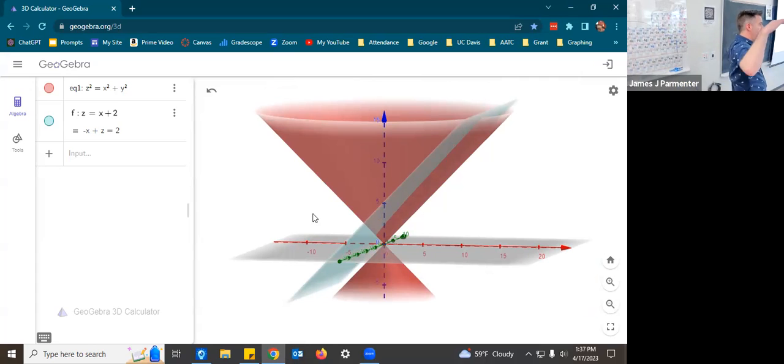So depending on what kind of plane you cut this double cone with, you get all the usual shapes. You can get a circle, an ellipse, a parabola, a hyperbola.